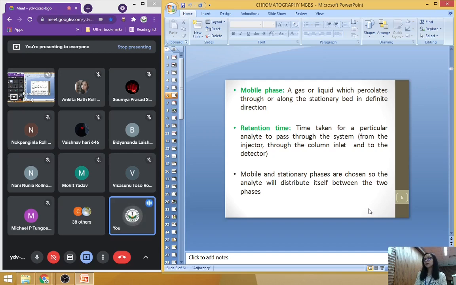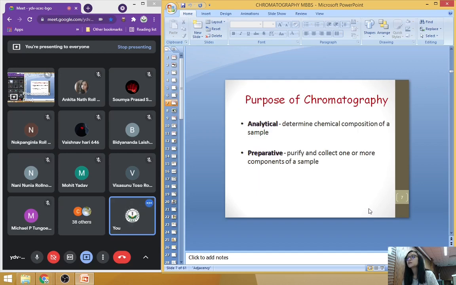And we have to choose the mobile and the stationary phase in such a way that the analyte that we want to purify or analyze will distribute itself between the two phases. So the main purpose of chromatography is to determine the chemical composition of the sample and to purify and collect one or more components of a sample for various other experiments.